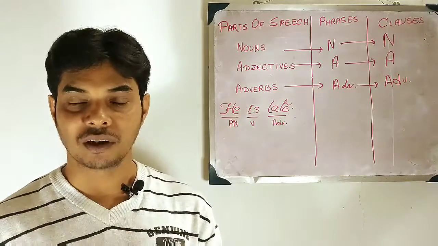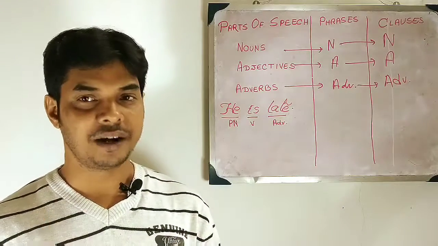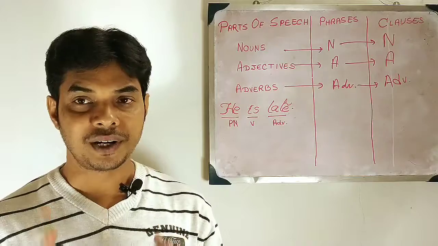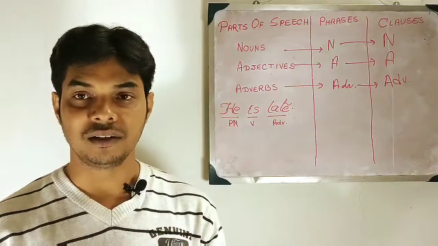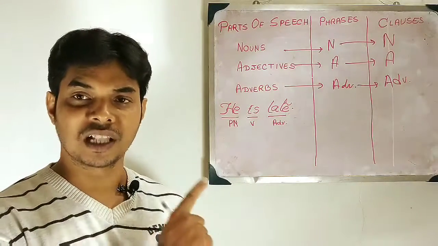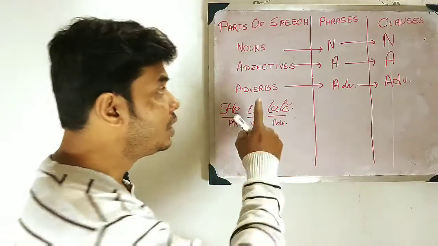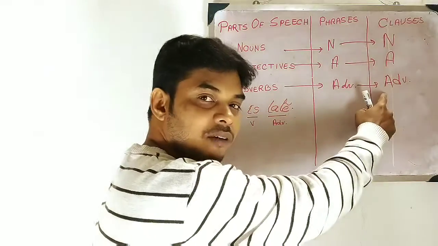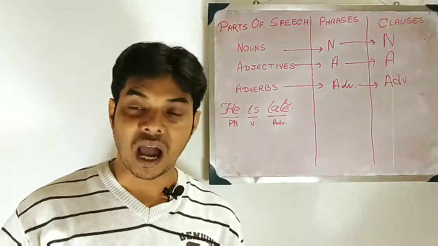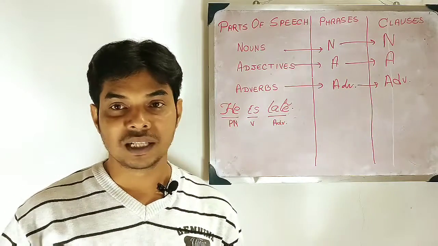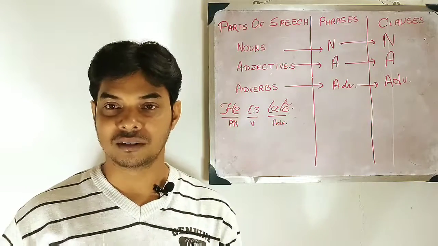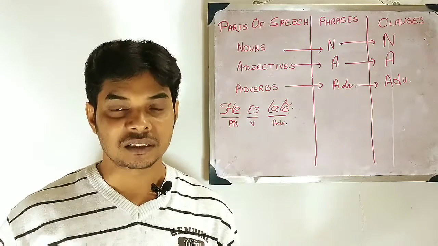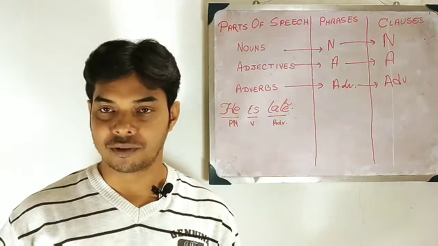If you don't have detailed knowledge of parts of speech, it's very difficult for you to understand the phrase. If you don't have particularly detailed knowledge of parts of speech, that's noun, adjective or adverb, you would find it very difficult to find the noun clause or adjective clause or adverb clause, because an adverb clause is nothing but a small sentence which is used within a sentence, and that serves the purpose of an adverb.